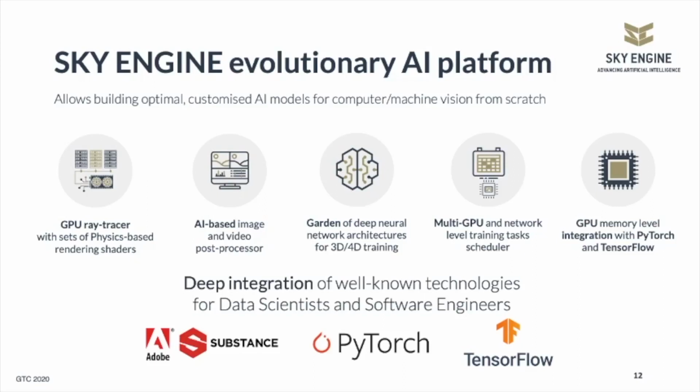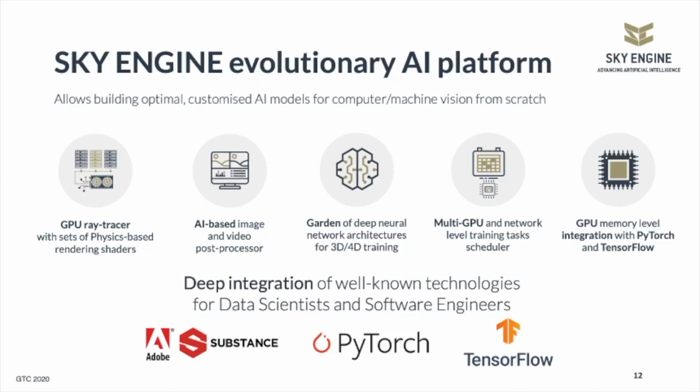So we can make sure that the model trained on synthetic data is ready for inference later on real world data. We have also already implemented a garden of neural networks for training of models operating in 3D space, time space, and models dedicated to various other things.